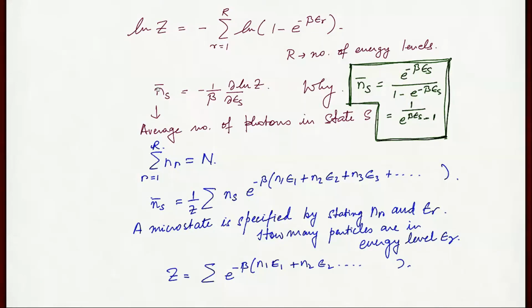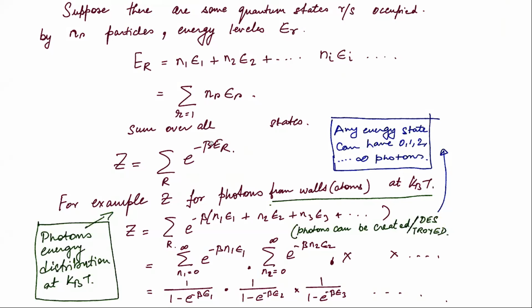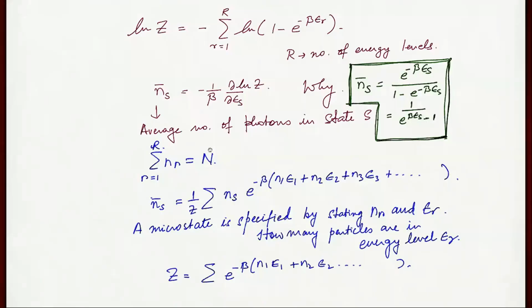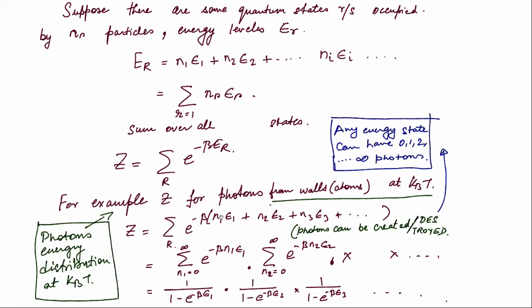And then, as we have seen before, the average number of particles can easily be calculated as minus 1 upon beta del/del epsilon s. Taking this del/del epsilon s of log Z, what will come out here is beta n1, right?